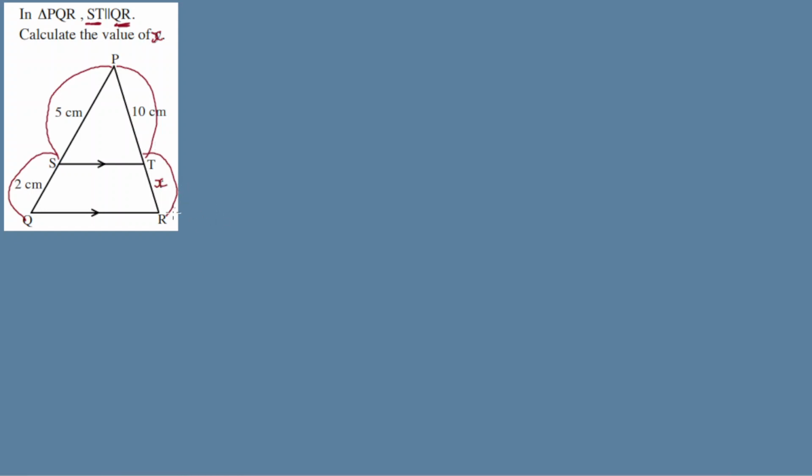You must use a corollary that includes the unknown side. So we will use the following corollary: PS over SQ equals PT over TR, where the other three ratios are known and there is only one unknown.